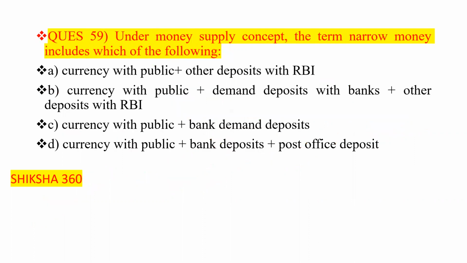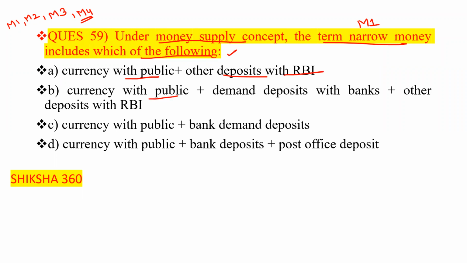Under the money supply concept, the term narrow money includes which of the following? Narrow money is basically M1. Option A: currency with the public plus other deposits with RBI.